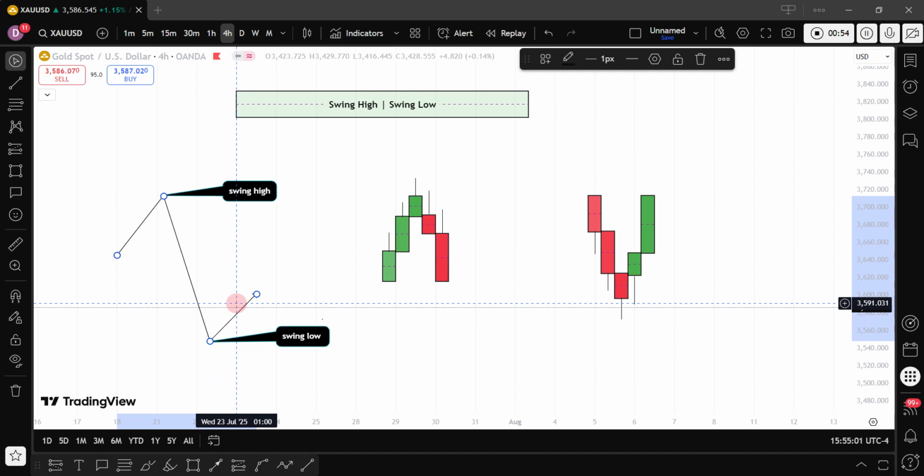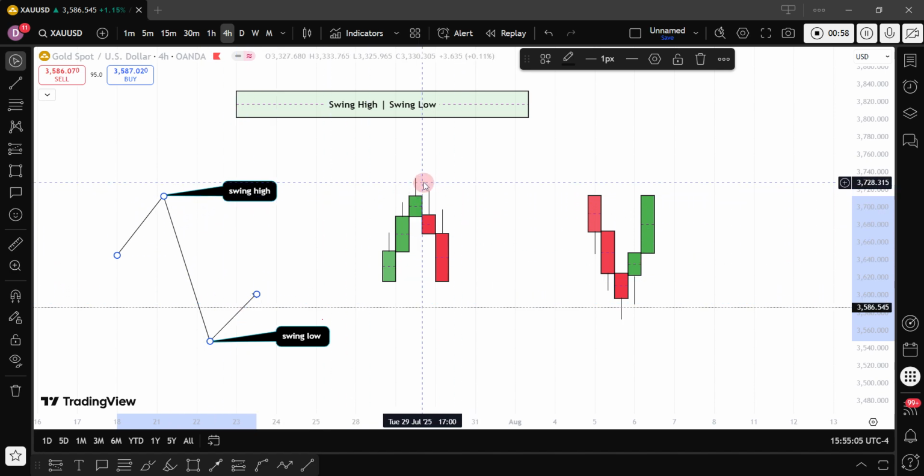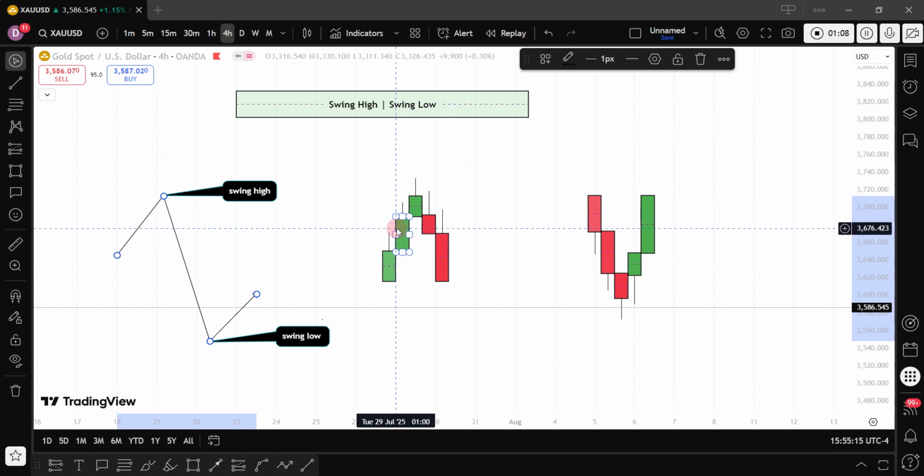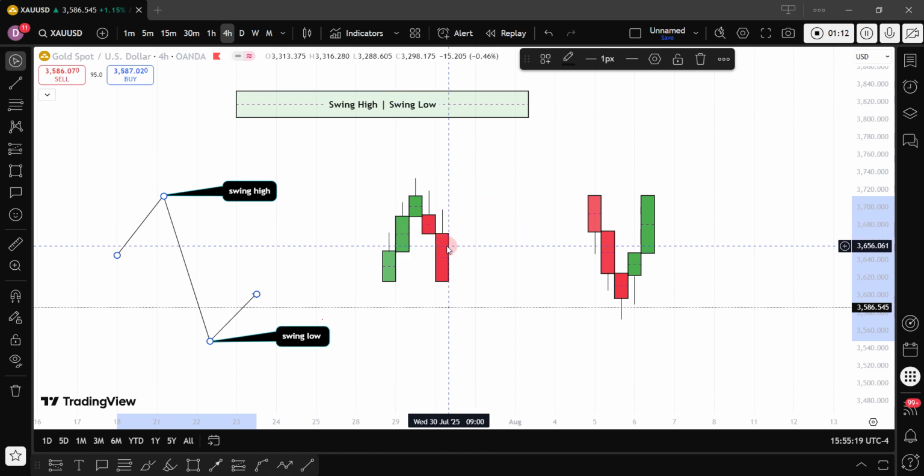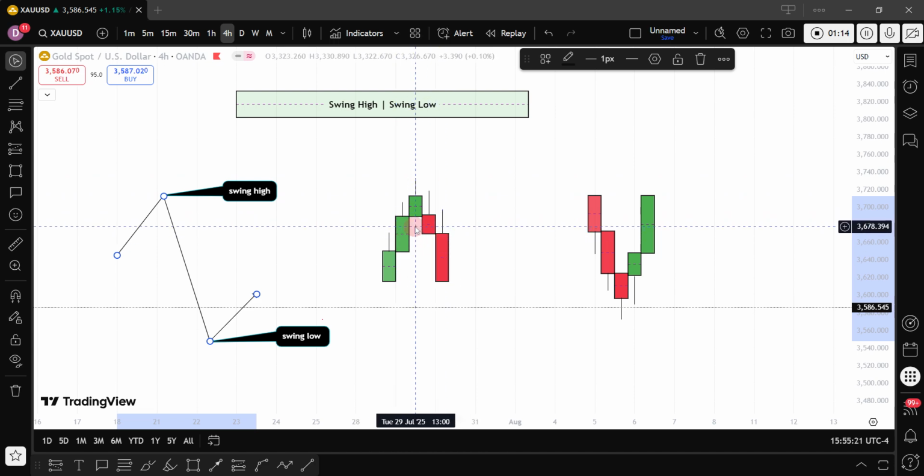Okay, now this for the swing highs. Now let's look at the swing high. A swing high is just a candlestick on a price chart that has at least one lower high on both sides, on the left and on the right. At least one. If there are two, better.